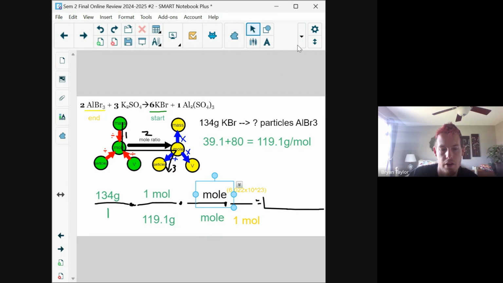And then this one will always go at the top. It has to be this way because grams cancel. Your green mole cancels and your yellow mole cancels. If you flip these two, you're wrong.